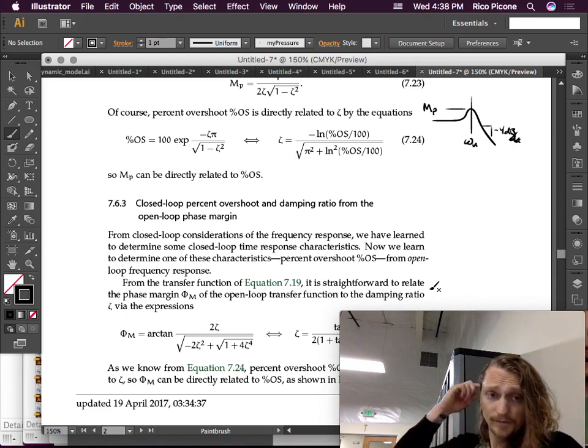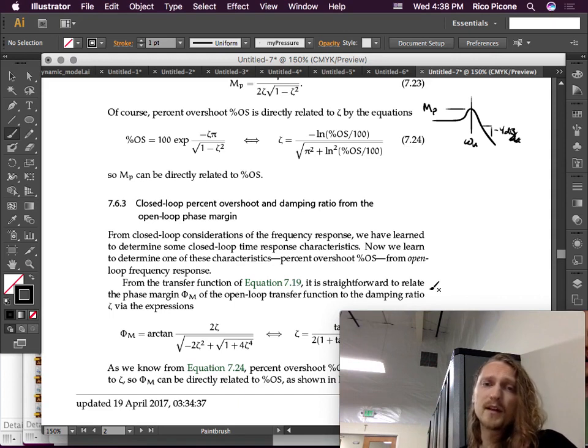So, from closed loop considerations of the frequency response, we have learned to determine some closed loop time response characteristics. Now we learn to determine one of these characteristics, percent overshoot, from open loop frequency response.